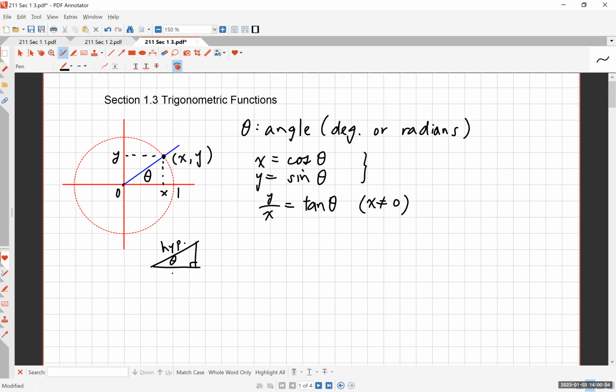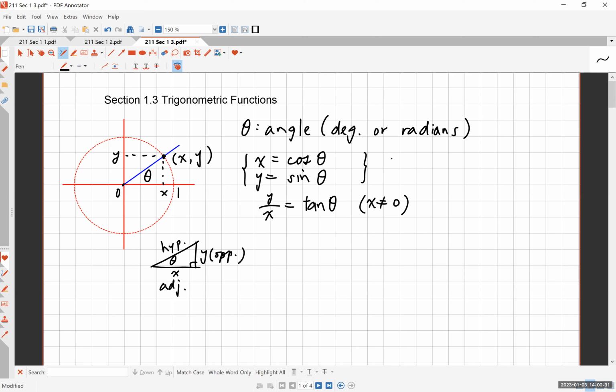And because you have x, which is the adjacent, and y, which is the opposite, sometimes you have that expression SOHCAHTOA to remember what sine and cosine are. But again, this way to define the cosine and sine as x and y, the intersection point of the ray and the unit circle, is the most appropriate one.